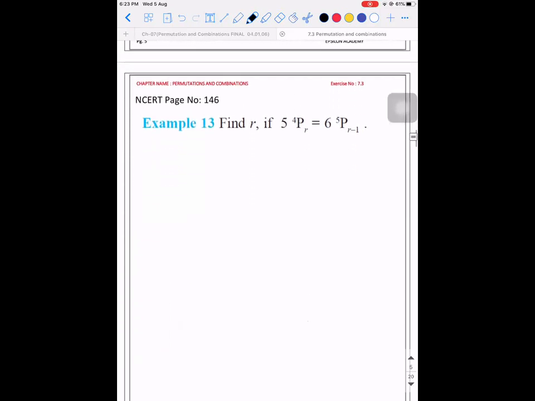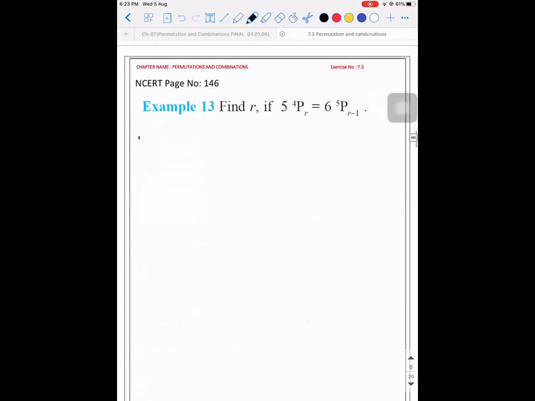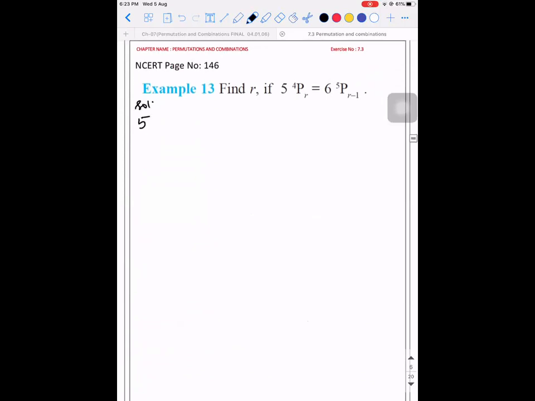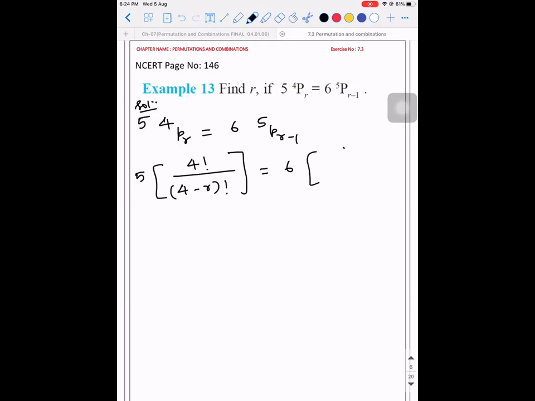Yes. Now see, the question is 5 into 4PR is equal to 6 into 5PR minus 5 into... what is the value of 4PR? 4 factorial by (4 minus r) factorial. 6 into 5PR is 5 factorial divided by (5 minus r plus 1) factorial.